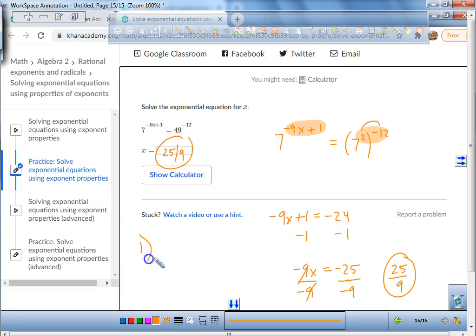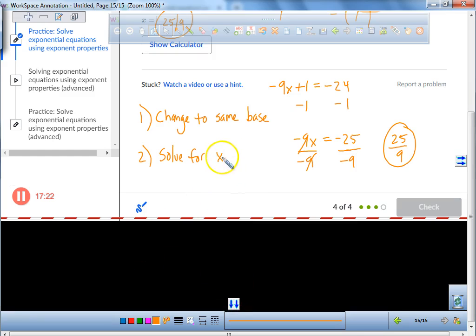So here we go. 2 steps. Ready? Change to the same base. Step 1. Step 2. Solve for x. That's it. Change to the same base, solve for x. And what property did you see me use a lot?